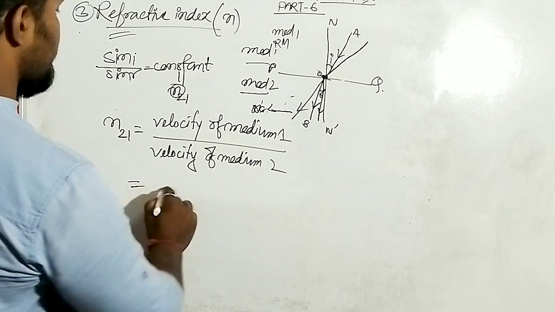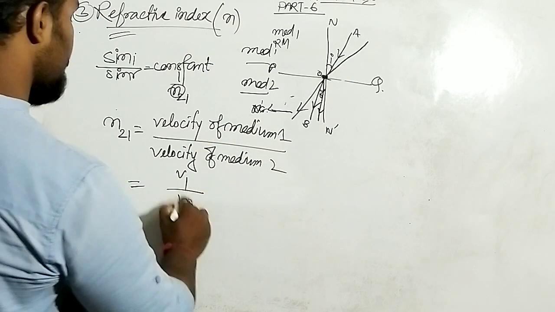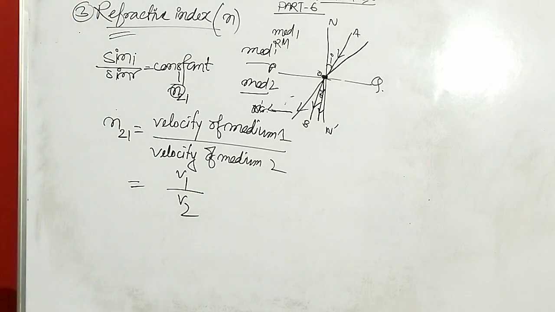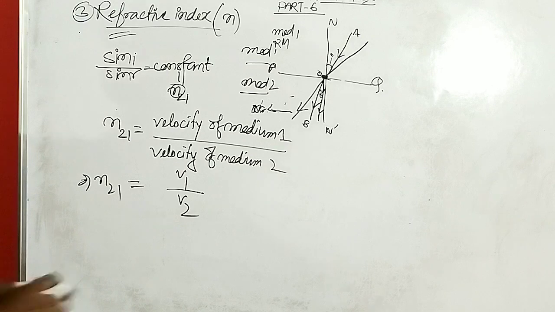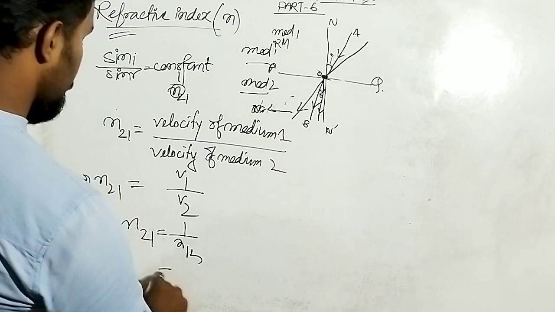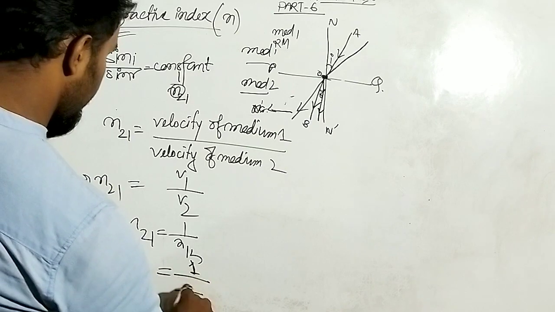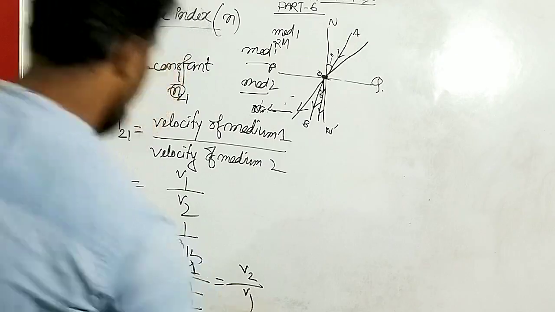If I represent the medium 1 velocity as v1 and the velocity of medium 2 as v2, this is going to be the relation for n21. Again, we know that n21 is equal to 1 by n12. So what will be there? 1 by v1 by v2, so it will be v2 by v1, right?